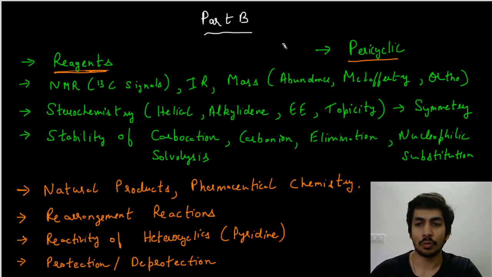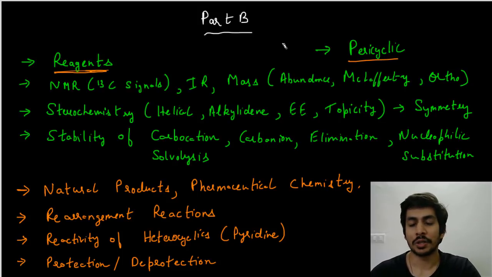Sometimes there will be a simple question on electrocyclic ring opening or ring closing as well. All right, so these kinds of questions are there. Most recently in the December 2019 exam, it was related to delta H and delta S of a Diels-Alder reaction, that what will be the value of delta H and what will be the value of delta S for a Diels-Alder reaction. So these are the kinds of questions that are asked.